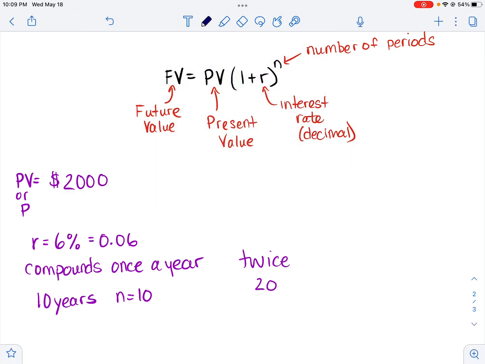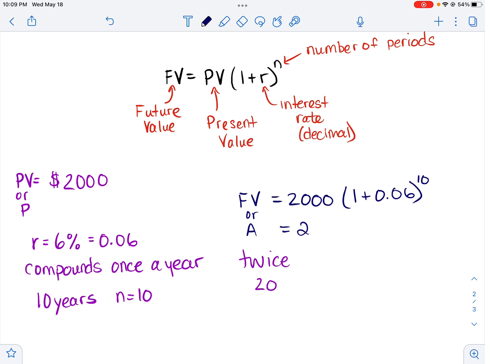Okay, so let's try this formula out. So future value, or sometimes you might see like an A just for amount, equals your present value or your principal, $2,000, times 1 plus 0.06. And then you have 10 compounding periods, so to the power of 10.